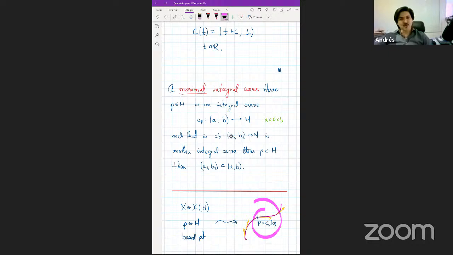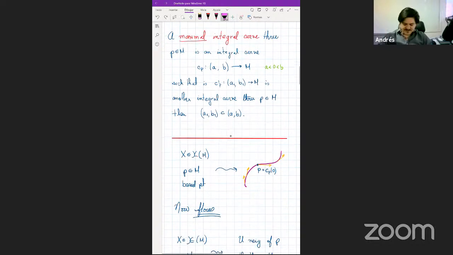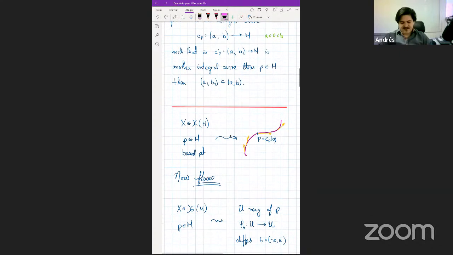Now the idea is not to obtain one integral curve, but to have a lot of them, a whole collection. And this is what we will see with flows. We would like to understand what is a flow.